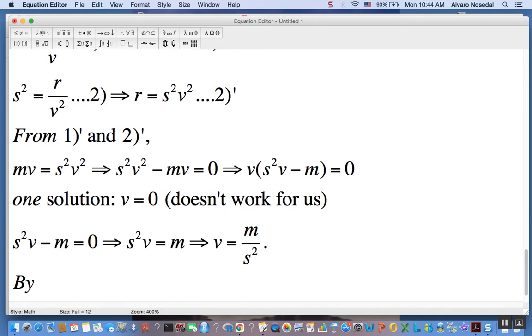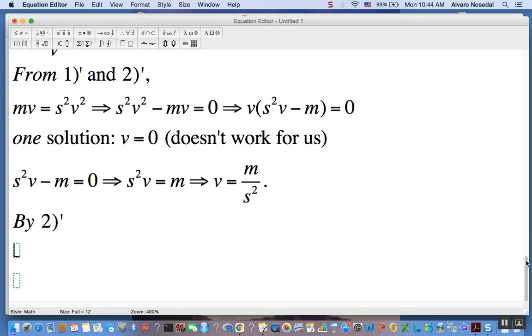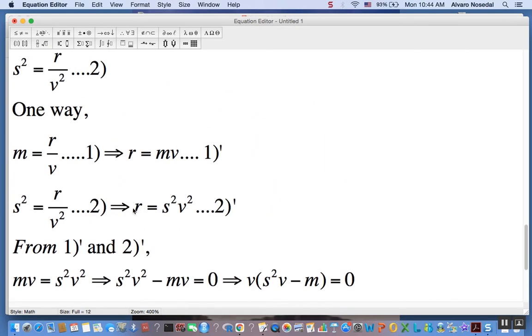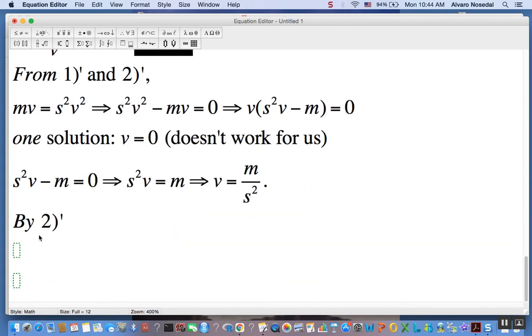So as we were saying, R equals S squared times V squared.